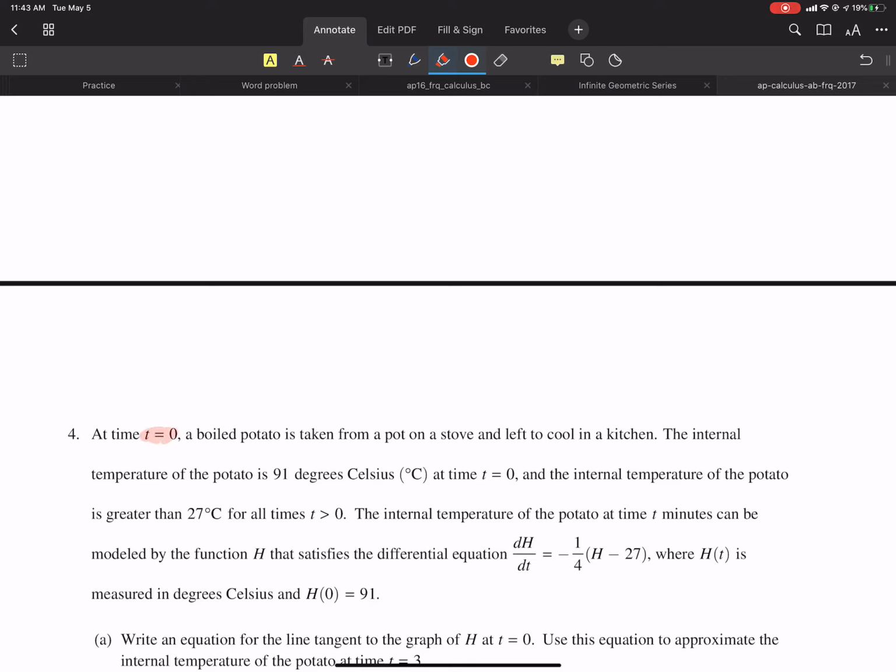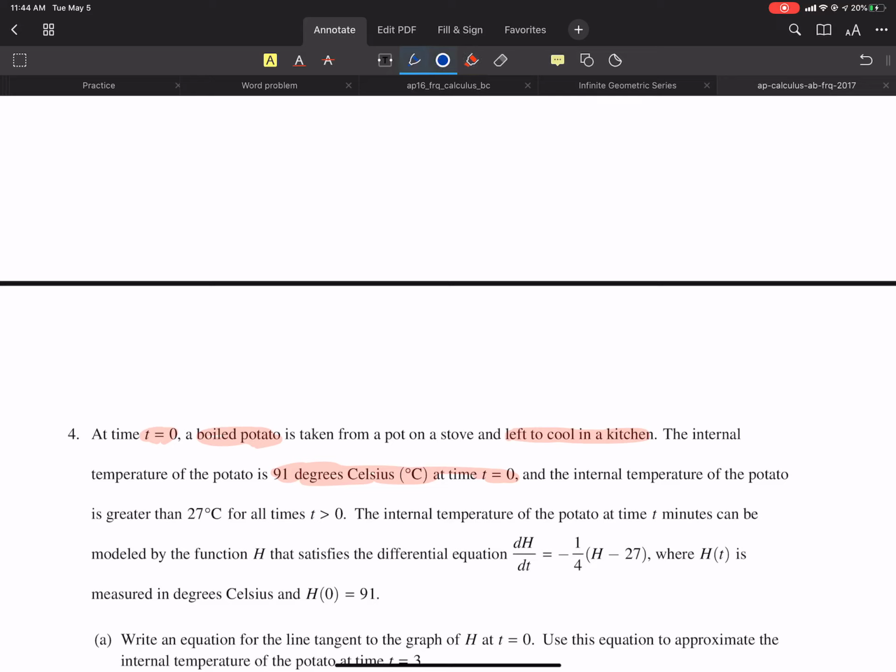So at t equals 0, you have a boiled potato, and it's taken from a pot left to cool in the kitchen. So you can picture a potato sitting on the counter somewhere, and it's cooling off because it just came out of boiling water. The internal temperature of the potato is 91 degrees at time t equals 0. So I'm going to write that down.